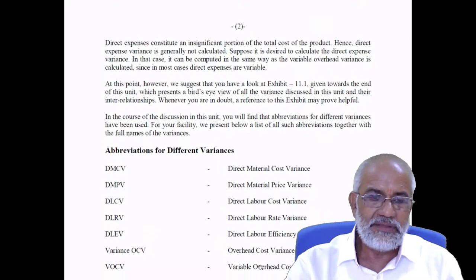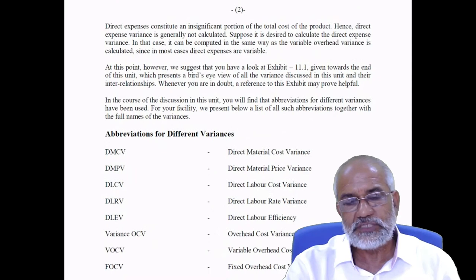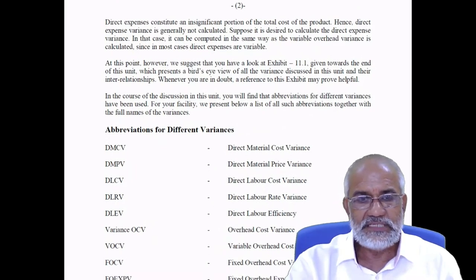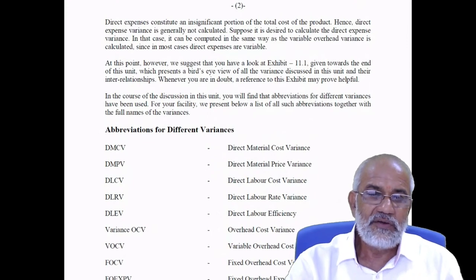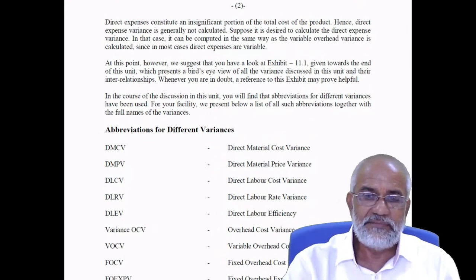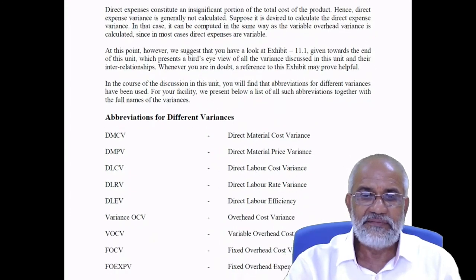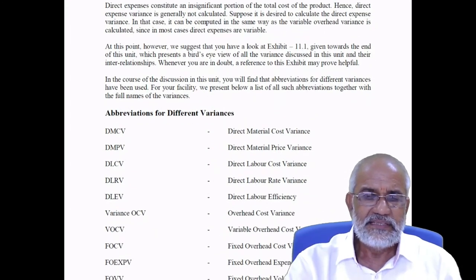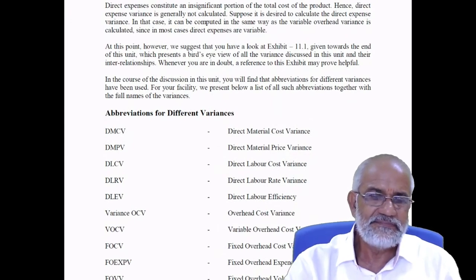The different major abbreviations used in this topic are DMCV, that means direct material cost variance. The second one is DMPV, direct material price variance. The third one is DLCV, direct labor cost variance. Next one is DLRV, direct labor rate variance. Then DLEV, direct labor efficiency variance.